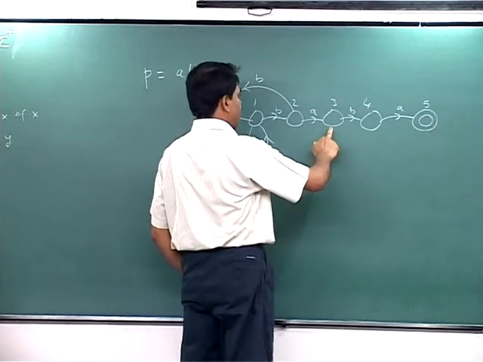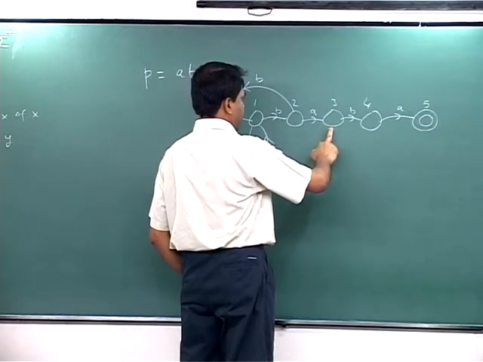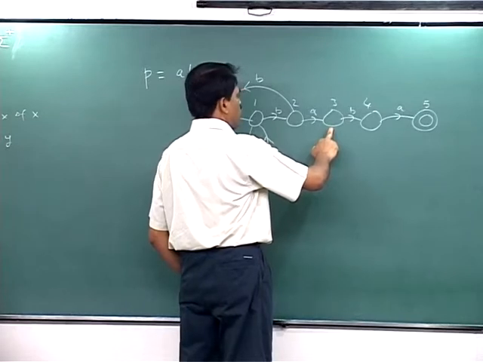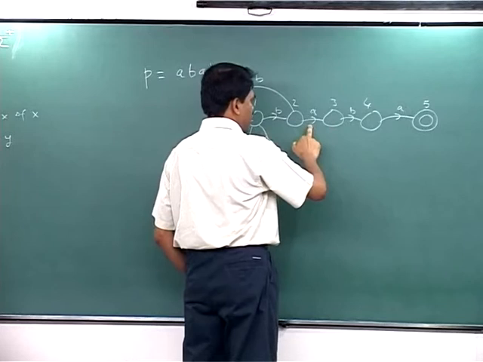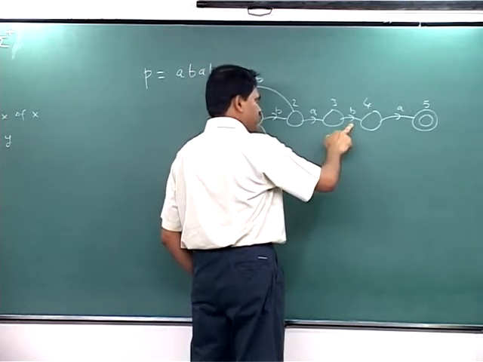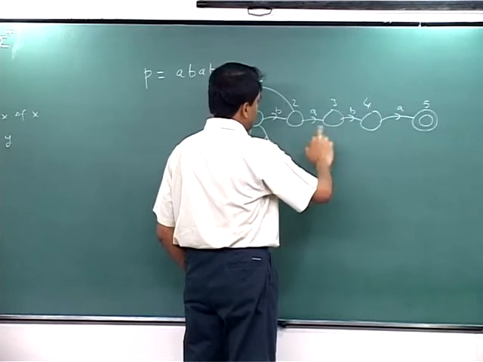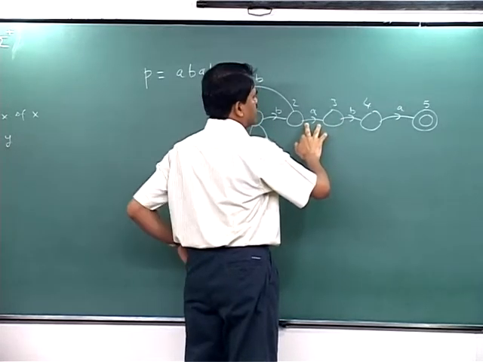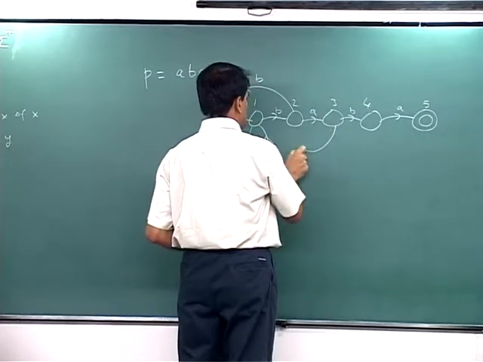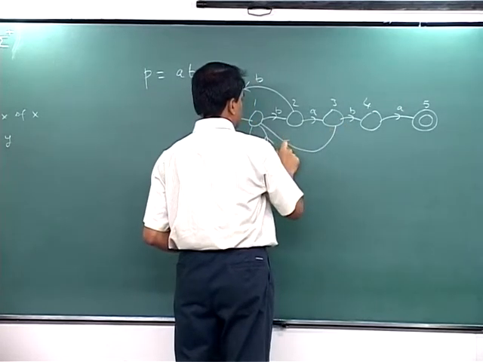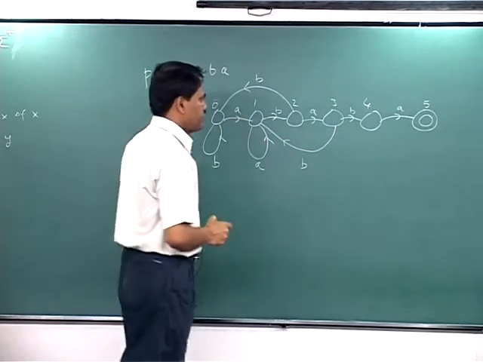When I see an A here, go to state 1 because I see A, B, A, and I'm expecting a B. B did not come through. I actually saw an A, which means that I have seen one symbol of my pattern now because my pattern starts with A. Okay.